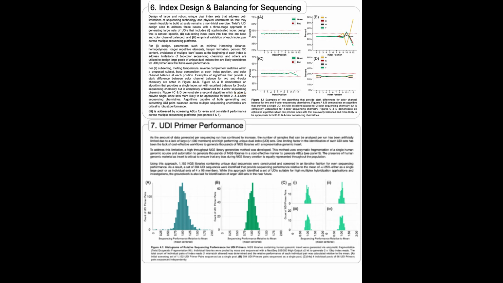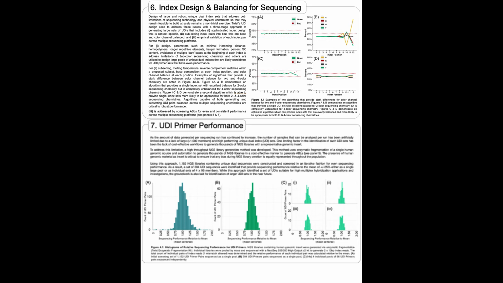Figures A and B demonstrate an unoptimized algorithm that provides a single index set with excellent performance for 2 color sequencing chemistry, but is completely unbalanced for 4 color sequencing chemistry, especially as you get towards the end of the index.